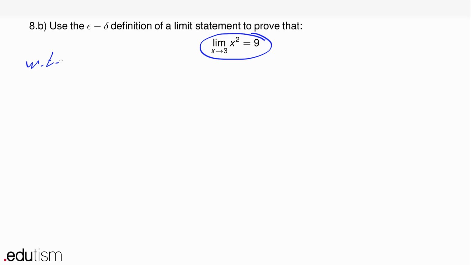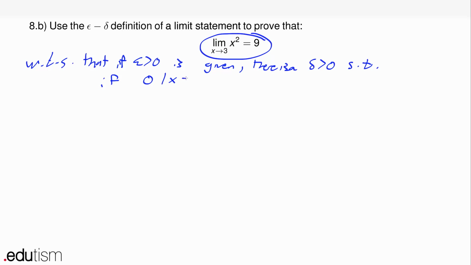Well, we want to show that if epsilon is given, there is a delta such that if the distance between x and 3 is bigger than 0 and less than delta, then the distance between f of x and 9 is smaller than epsilon.